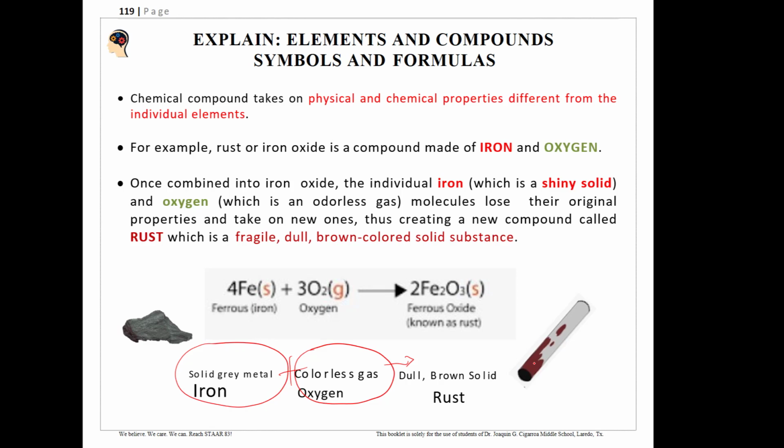It's basically like these atoms here are just rearranged to form a new substance or a new compound or a new thing, right? But the properties have changed. That is what it means with that first sentence we have on the top.